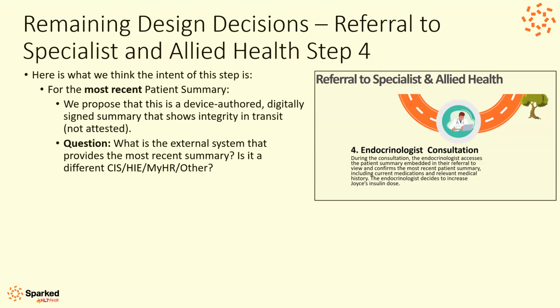But I think there are a lot of information flow questions in terms of, can we guarantee that summaries are going to be pushed to My Health Record as part of referrals and things like that? Otherwise, I think we need all of these things.